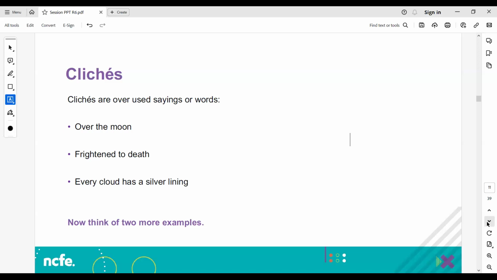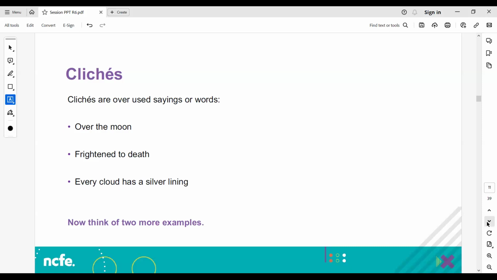So can anyone think of an example of a cliche they might have come across? Something you hear a lot is "at the end of the day." When people are talking, that's often a phrase used to sum up an argument or a point they're trying to make.